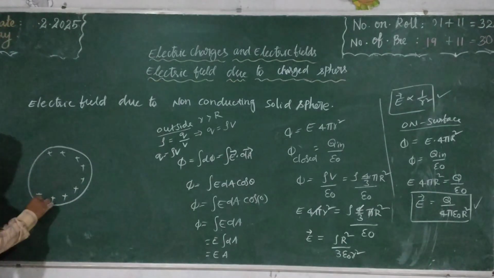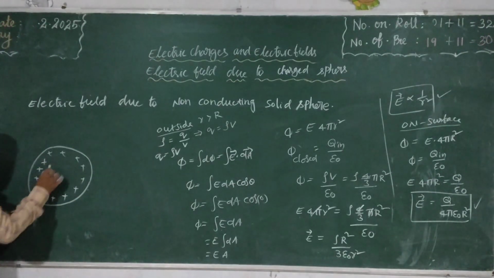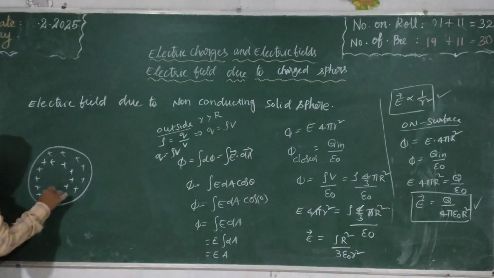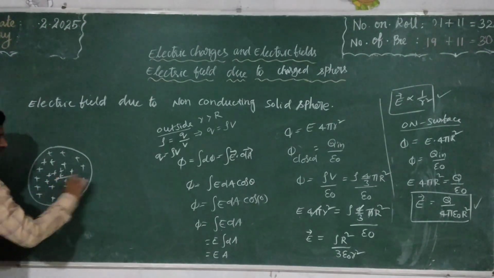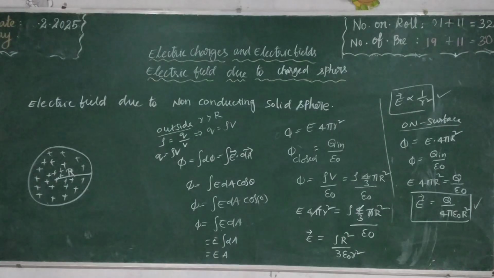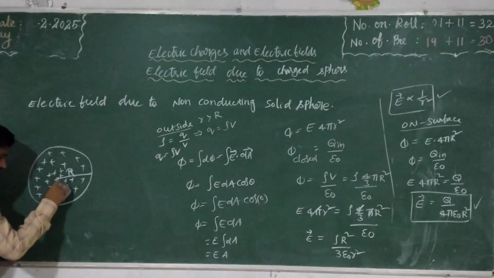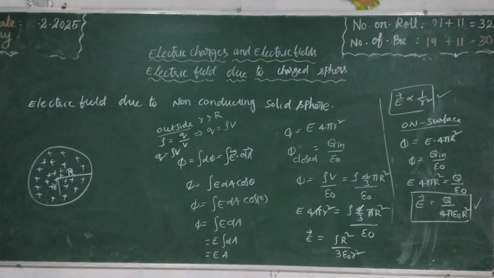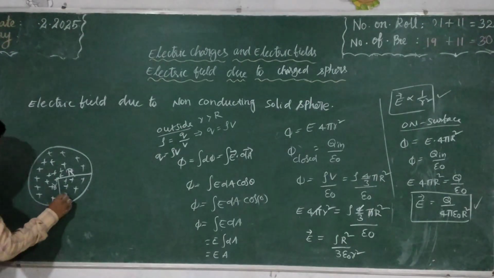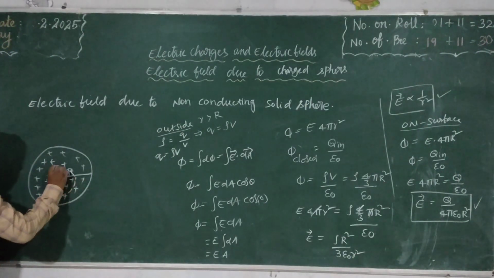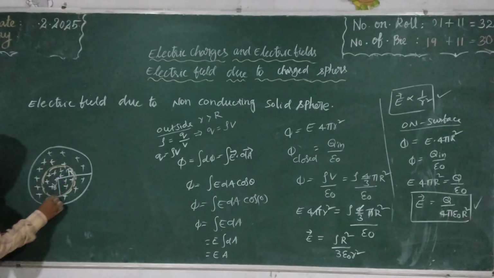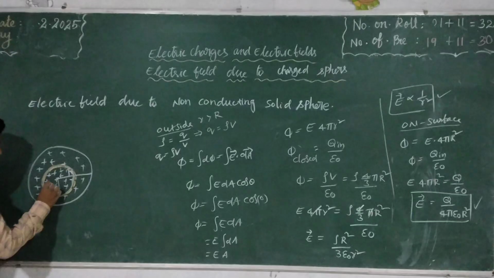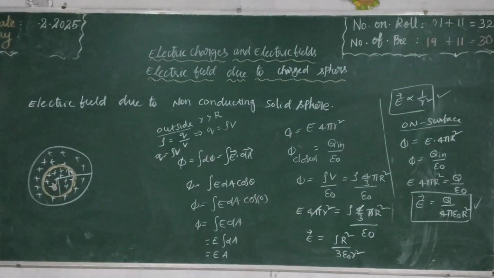Here the radius is capital R. At a smaller distance from the center, we can draw the Gaussian surface. This is the Gaussian surface, at a distance r from the center.